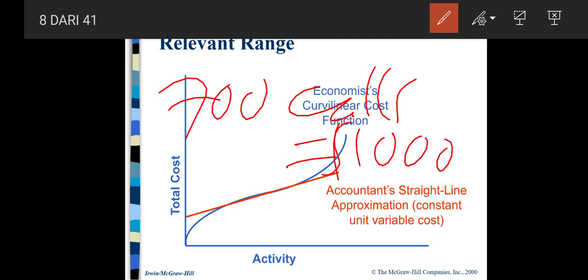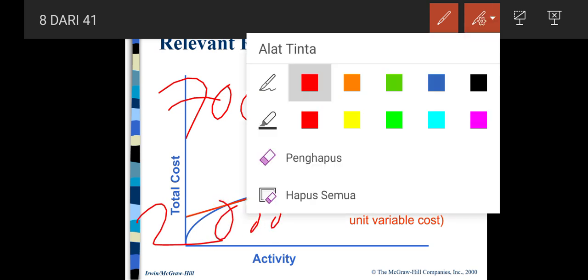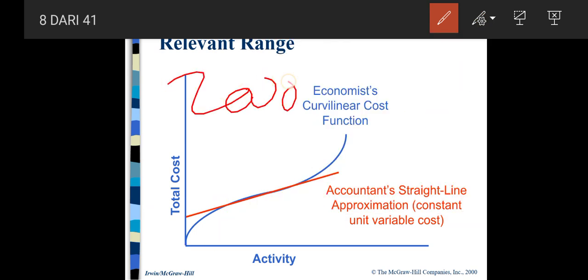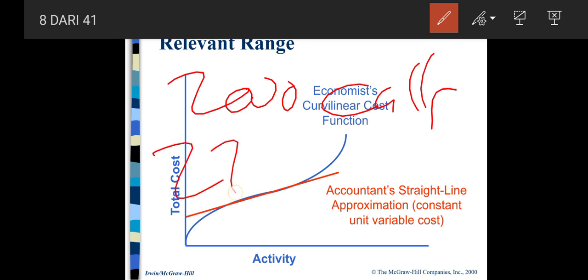But during March, the company makes 2,000 calls, which means the cost will increase from $1,000 to become $2,200.